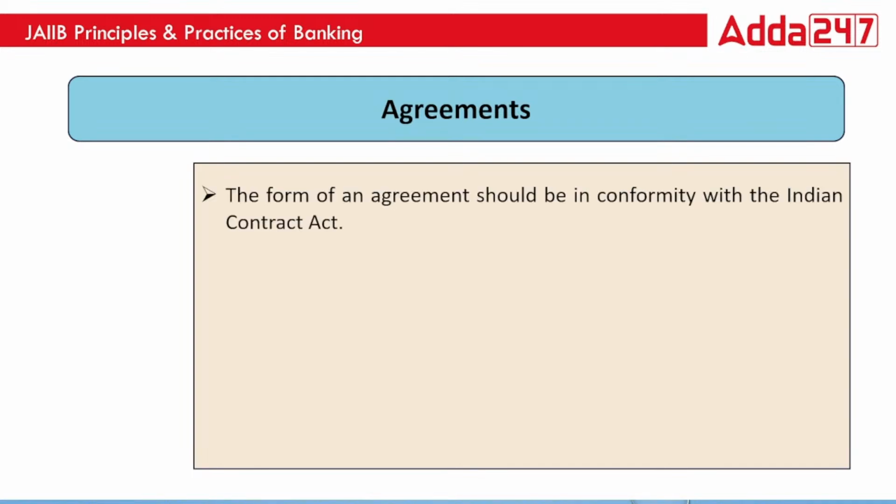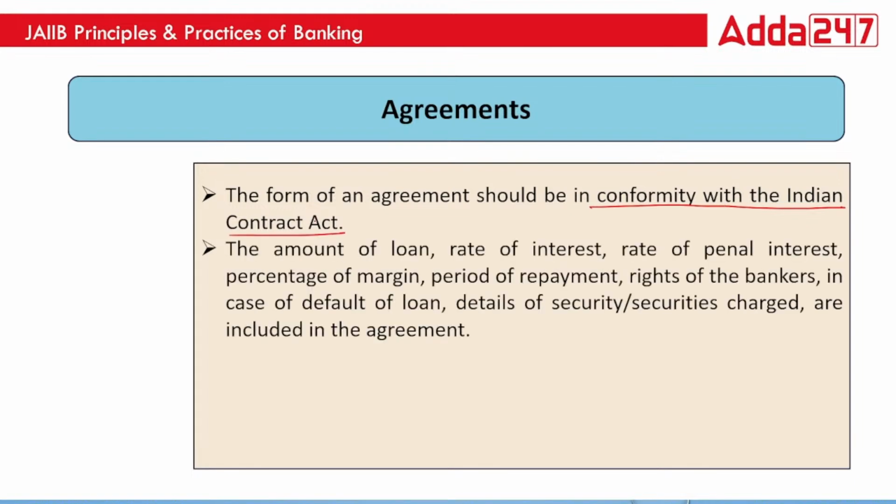Now come agreements. Form of agreement should be in conformity with the Indian Contract Act. Here you will specify very clearly the amount of loan, rate of interest, rate of penal interest, percentage of margin, period of repayment, and rights of the banker in case of default of loan.